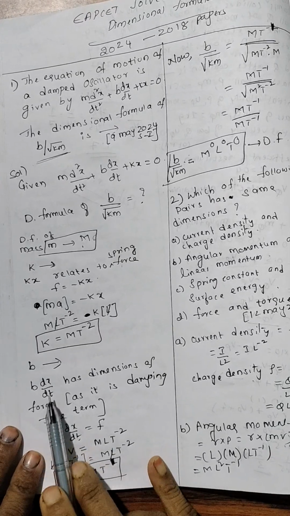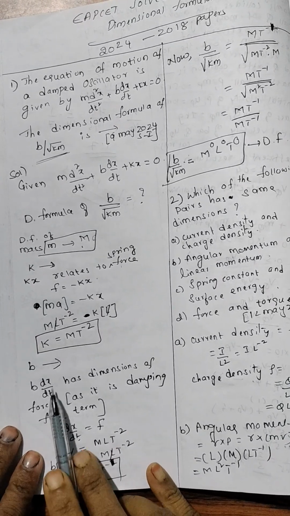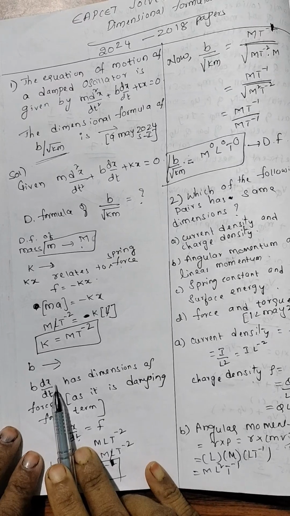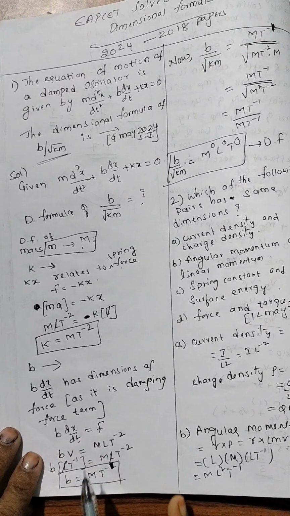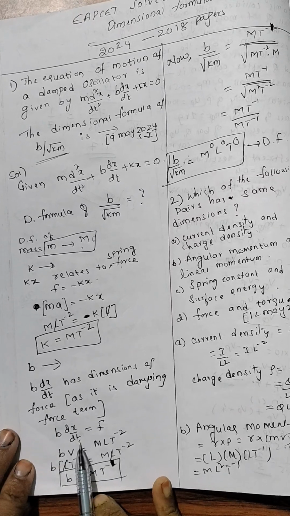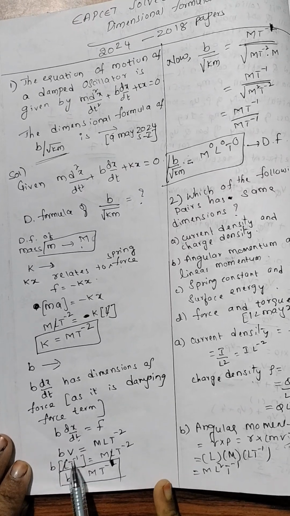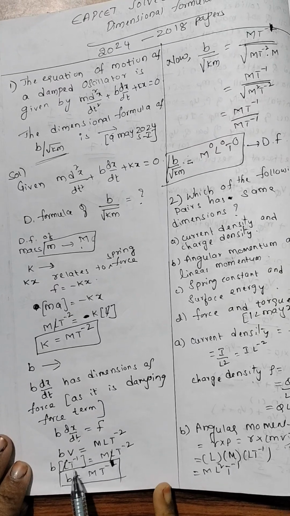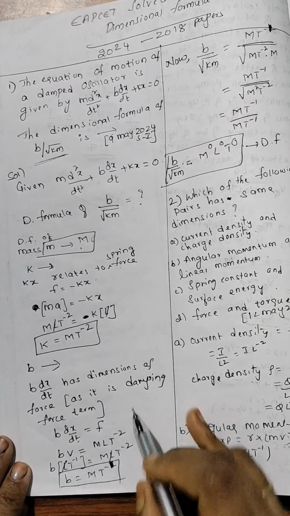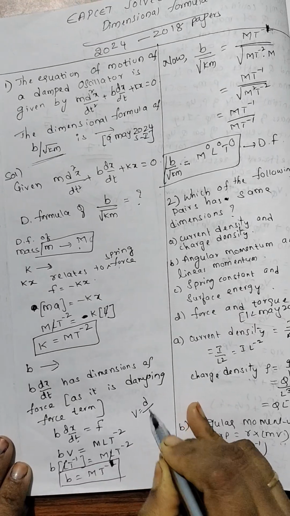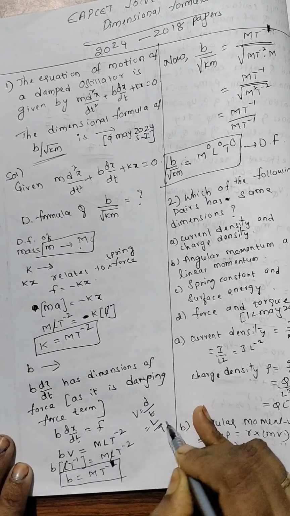So b dx/dt has dimensions of force, because we call it the damping force. This is the term related to the damping force. So b dx/dt is equal to F. Now dx/dt is nothing but the velocity, and the dimensional formula for velocity is LT^-1, displacement by time, displacement denoted by L and time by t.